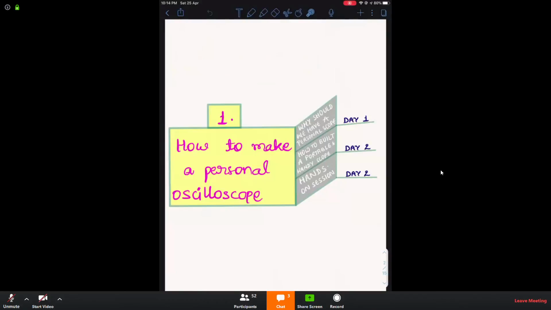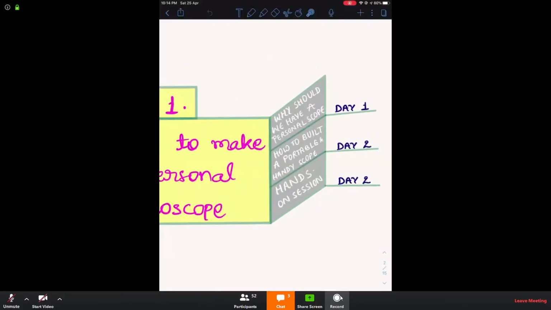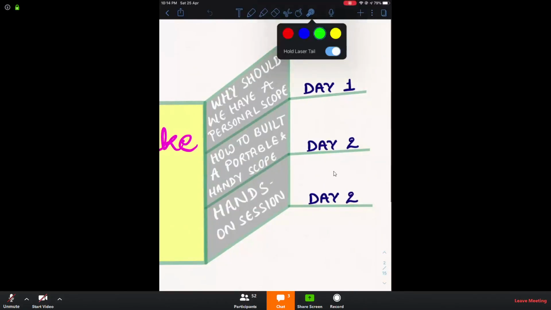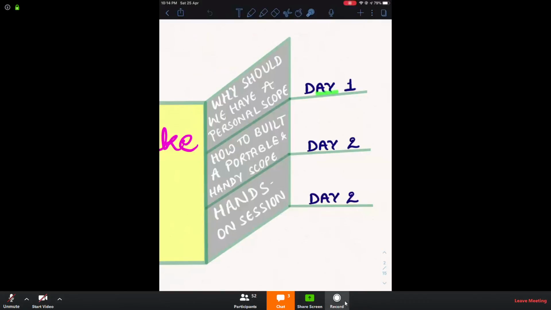If you know the reason why we need a particular device, only then will we focus on building it. So I think it is appropriate to discuss first why we should have a personal oscilloscope.